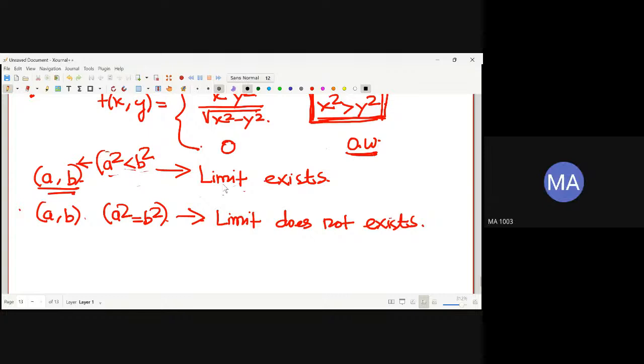Tell me. When we have x and y smaller than 1, then x square will approach 0 slower than x to the power 4. Correct. So in that case, the numerator being at double the power, it will approach 0 faster than the denominator.